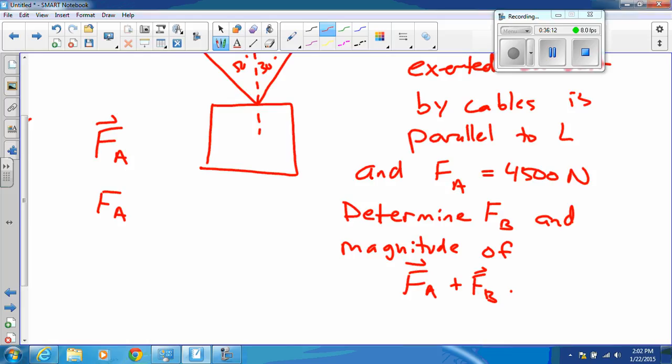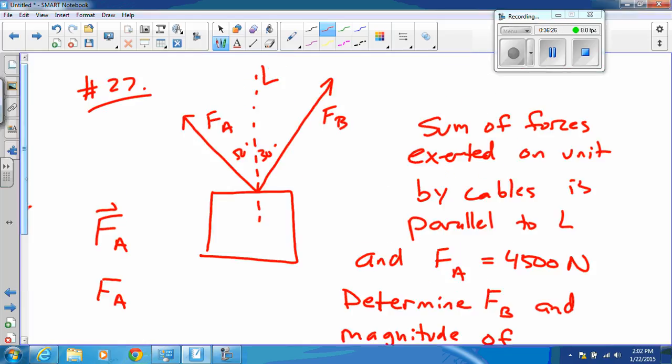What do you think that we need to do for ourselves in order to generate that aha moment? Okay, we have a picture. It's asking for the magnitude of FA plus FB. No, we don't have anything about FA plus FB. That's exactly right. That's a good idea. Maybe we should draw FA plus FB.